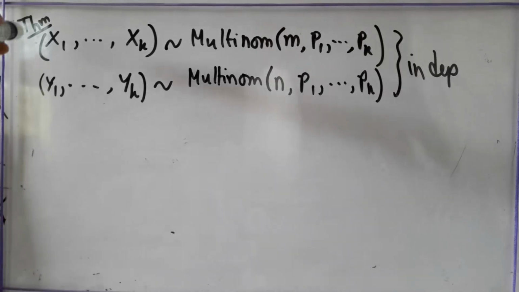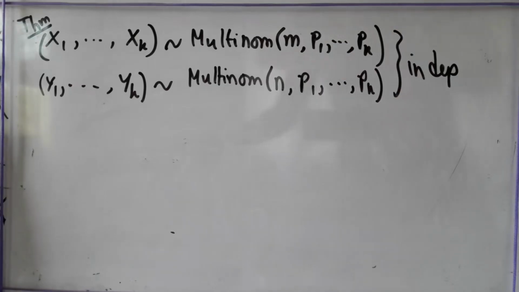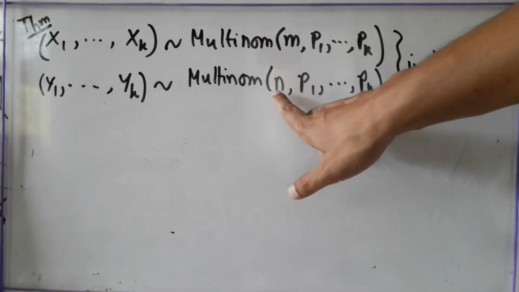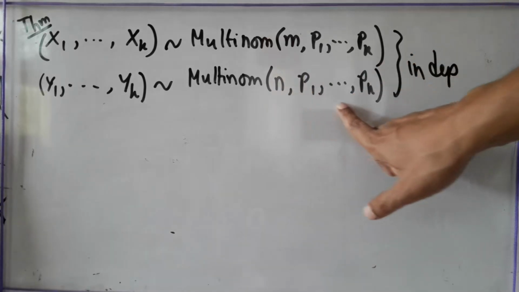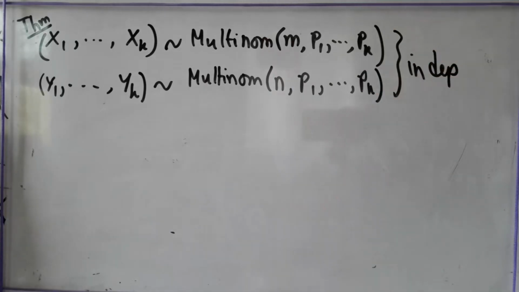So I give you x1 to xk, that random vector has multinomial distribution with parameters m and some p1 to pk, and y1 to yk, same k, that is also multinomial n, which may be different from m, but the same set of probabilities p1 to pk, and they are independent.